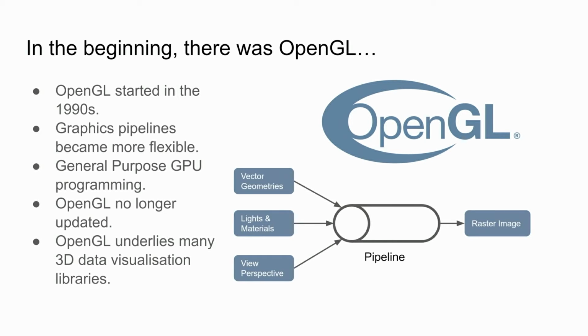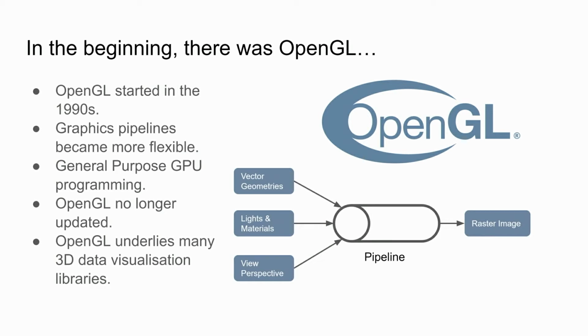OpenGL was started by a company called Silicon Graphics back in the 1990s. It was something I looked at doing my undergrad at university, so that was in C and OpenGL, doing really basic 3D rendering. And OpenGL has this concept, as do many other graphics APIs, of a pipeline.